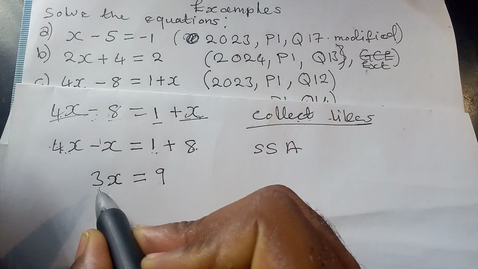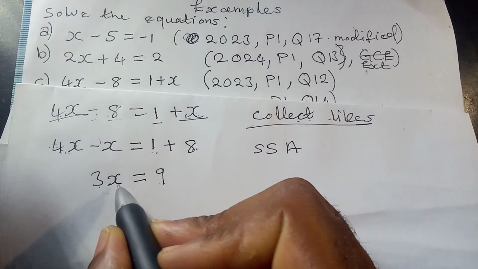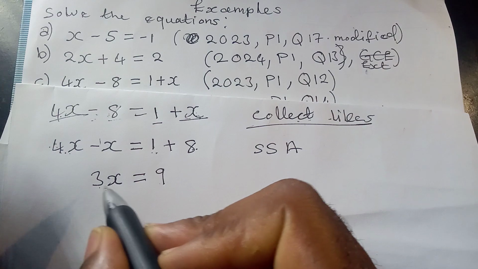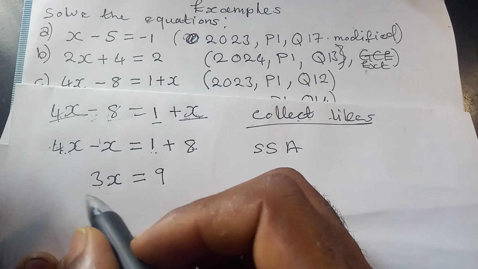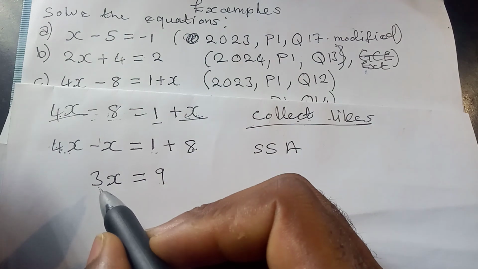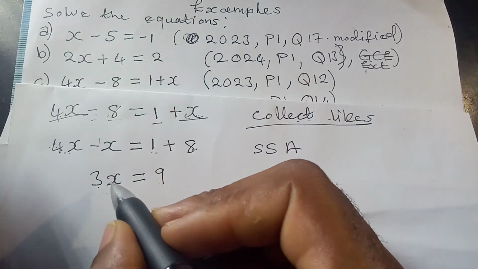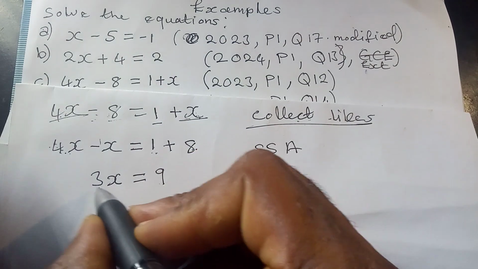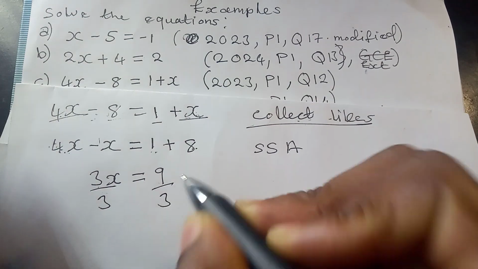Remember, you're trying to get rid of the coefficient of x so that you only remain with an x this side. Okay, so since we are trying to get rid of the coefficient of x, to get rid of this, we can divide both sides by 3.